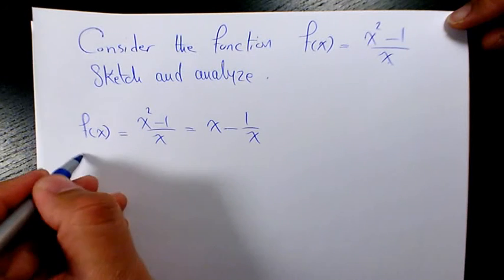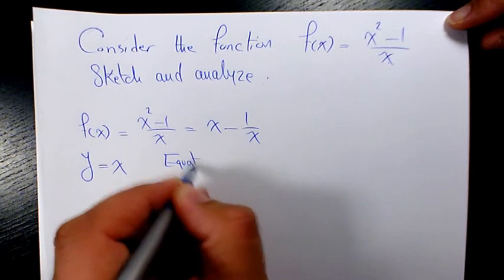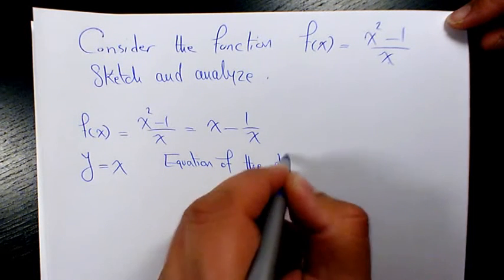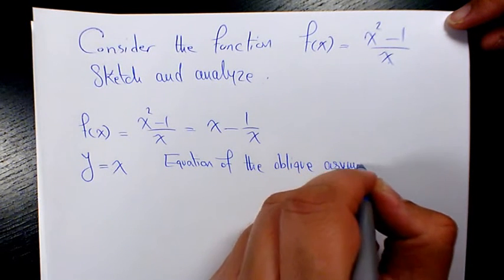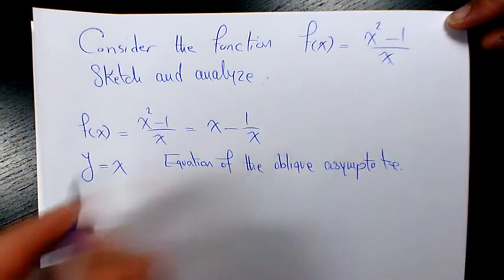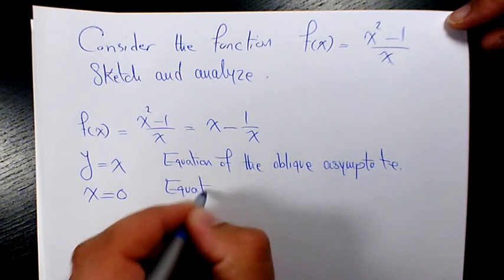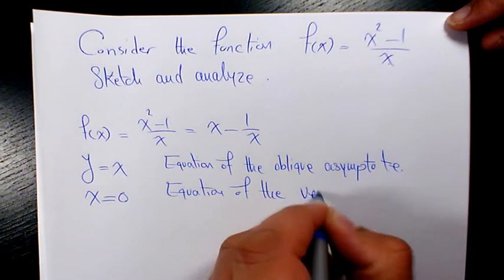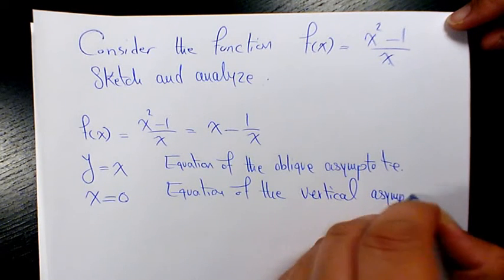So again, y equals x is going to be the equation of the oblique asymptote. x equals 0 is going to be the equation of the vertical asymptote.